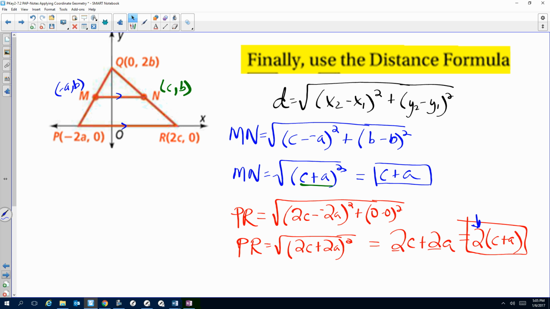Because I see that, I'm now proving, think about it. I'm showing you that 2 times (c plus a), for it to equal MN, I would have to double what MN is, right? We have to times it by 2 for it to be equal. Well, if I take half of it to get rid of that fraction, I'm left with just the c plus a, which is what the MN was.